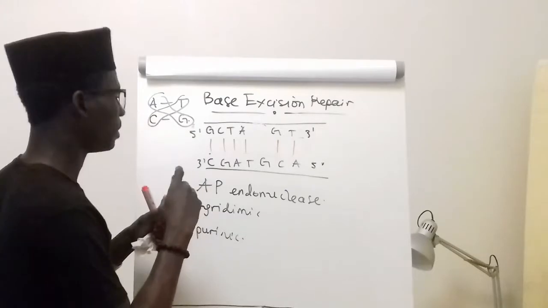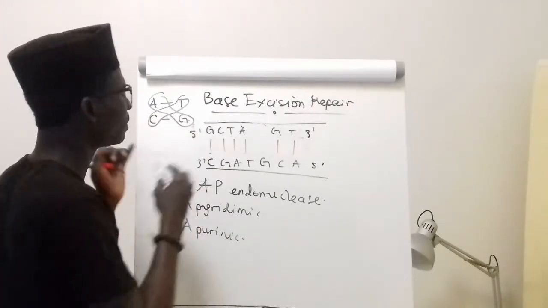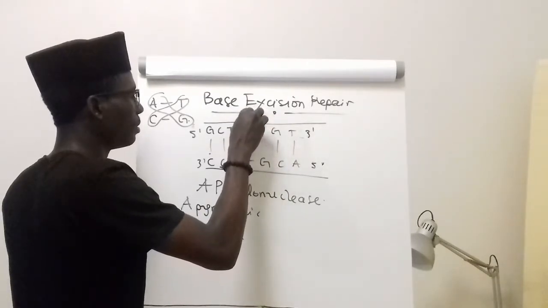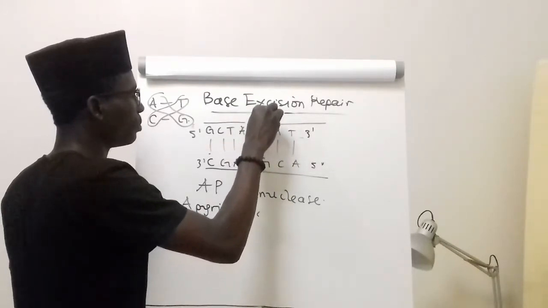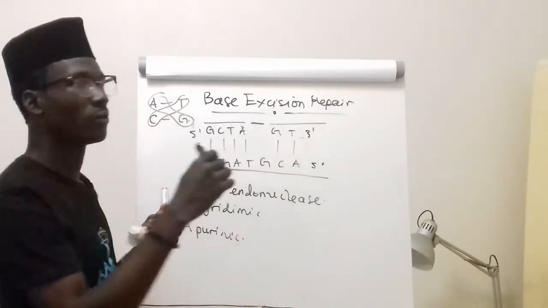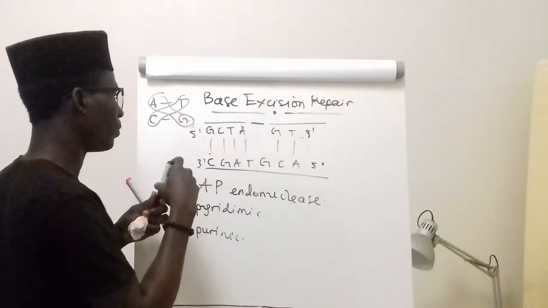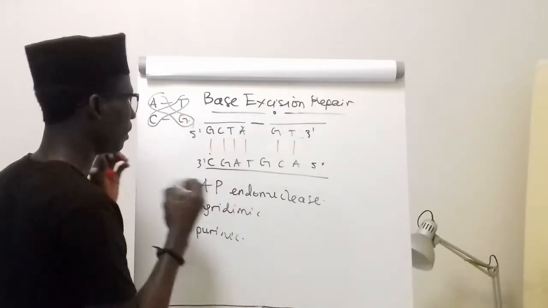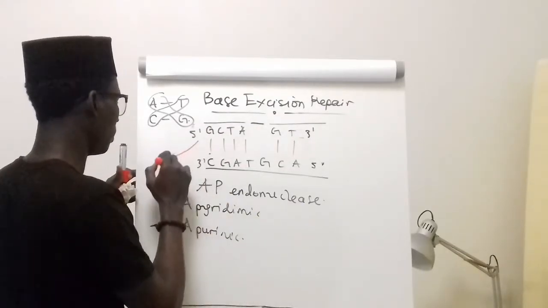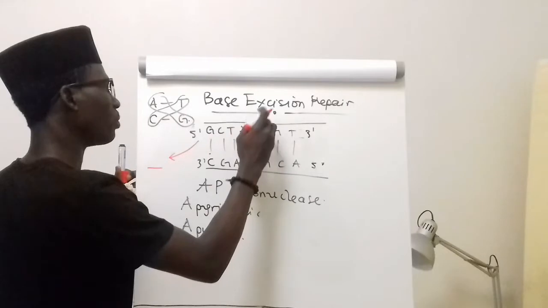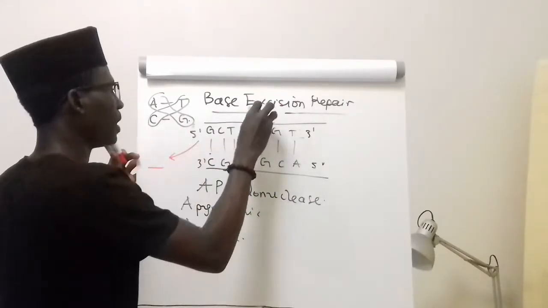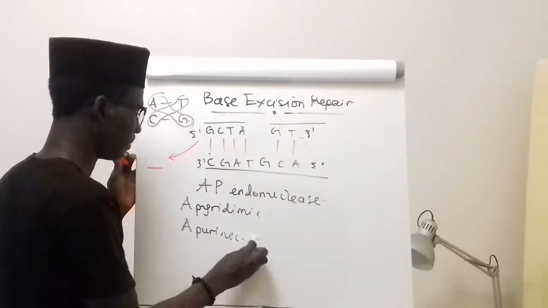What it does is break the phosphodiester bonds here, together with phosphodiesterase. This leads to the removal of this sugar phosphate backbone. There are phosphodiester bonds in between them, so they are broken and it's removed. Excised, that's the right word.